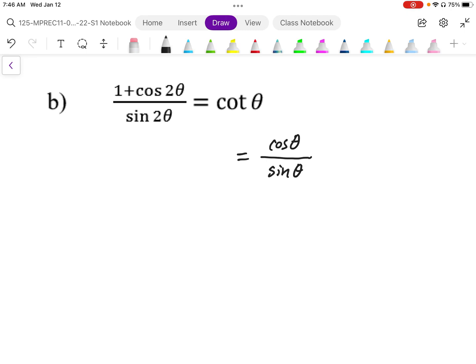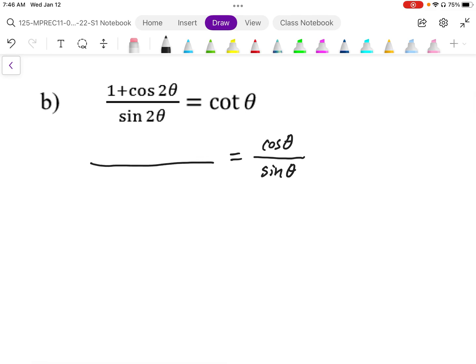On the left-hand side, before I do that, I'm going to convert the denominator into its single angle identity. If I look at my identity sheet, for 2 theta there's only one identity for that. That's 2 sine theta cos theta.